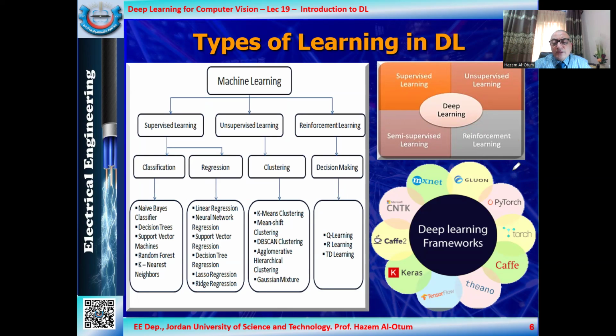And here you may sometimes go to see the deep learning frameworks. You can find all these systems available mostly free, like Caffe, PyTorch, Keras, TensorFlow. All these software and frameworks are freely available for deep learning, and you can access all these resources easily.